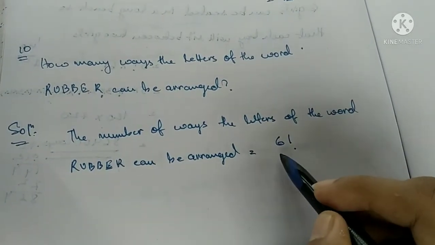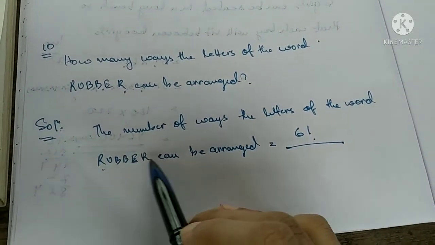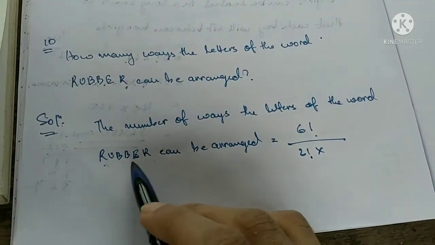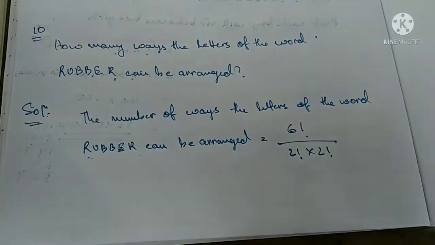So 6 factorial by, 2R is there, no? 2 factorial into 2B is there, 2 factorial. That one only. Very easy.